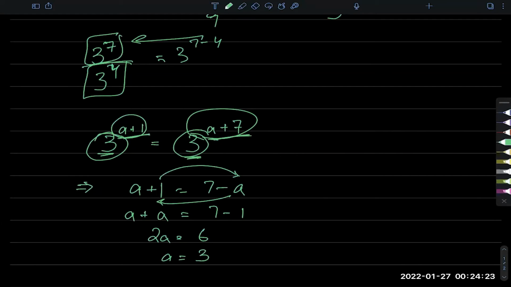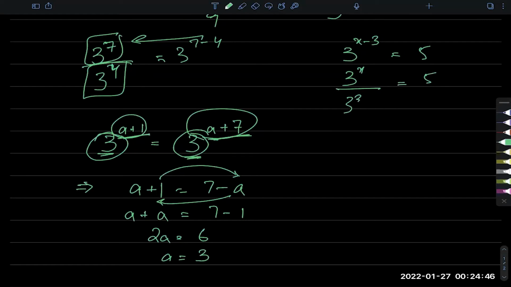Similarly, in SAT, sometimes they give you a question like this. 3 power x minus 3 is equal to 5, then what is 3 power x? So now what you have to know is that, wait a minute, I know that when numbers divide, the powers subtract. So if the powers subtract, the numbers are dividing. So this is 3 power x over 3 power 3.